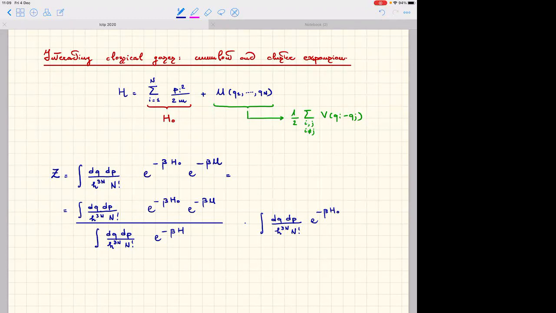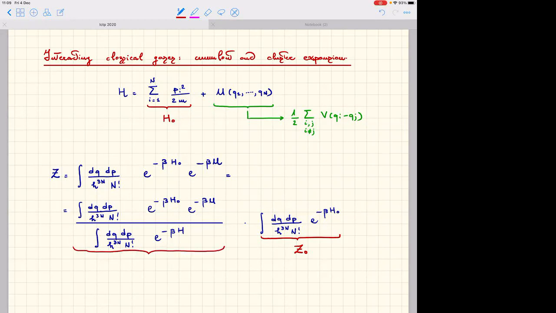Because now you see that this object here, I can call it Z naught, is the non-interacting partition function, right? That we already calculated.